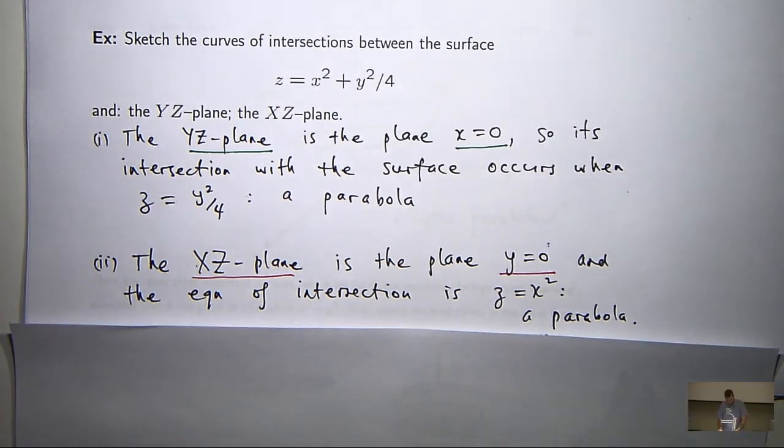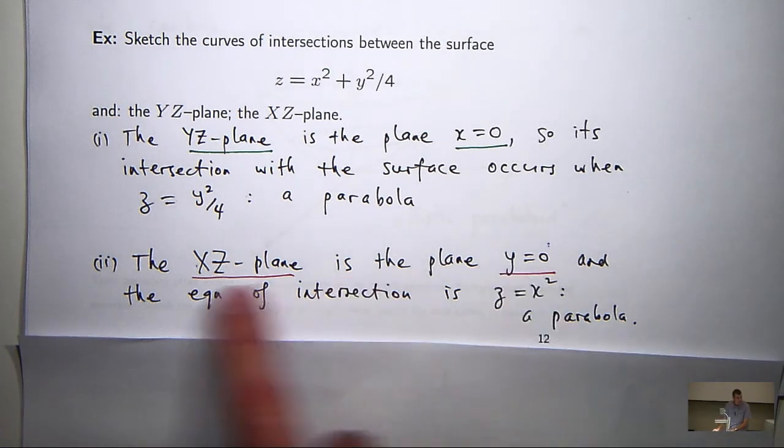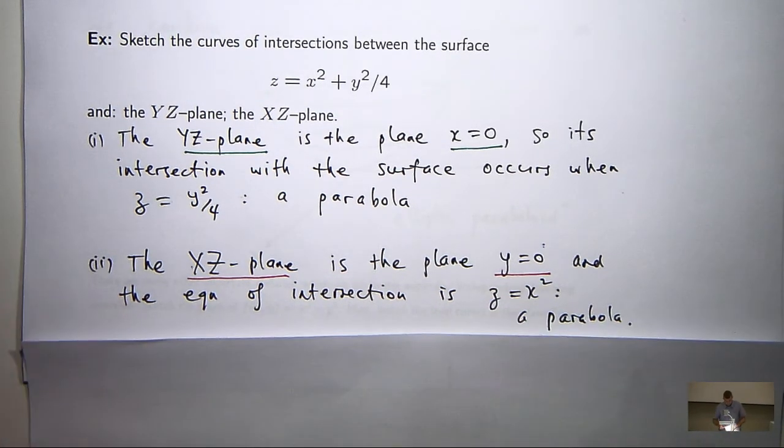Okay, so nothing really difficult there. So we've got a couple of things now. We've got contour curves, level curves, and some intersections with the various planes. So what we've got to do is put it all together somehow.